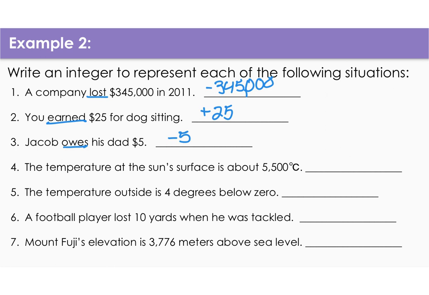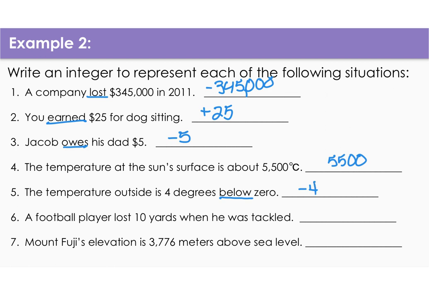The temperature at the sun's surface is about 5,500 degrees Celsius. So that is a positive. The temperature outside is 4 degrees below zero. So that would be negative 4.